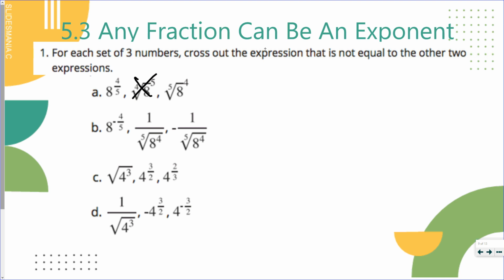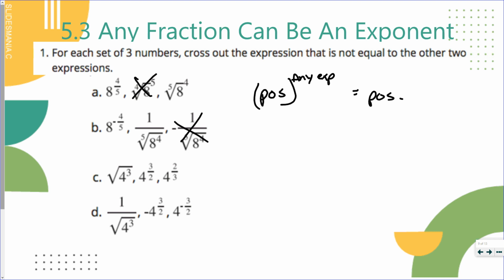Any positive number raised to any exponent will be positive, always. And that has to do with the domain and range of the exponential function. So a positive number to any exponent will always give you a positive number. And that's any exponent, positive, negative, fraction, you name it. That one's out.